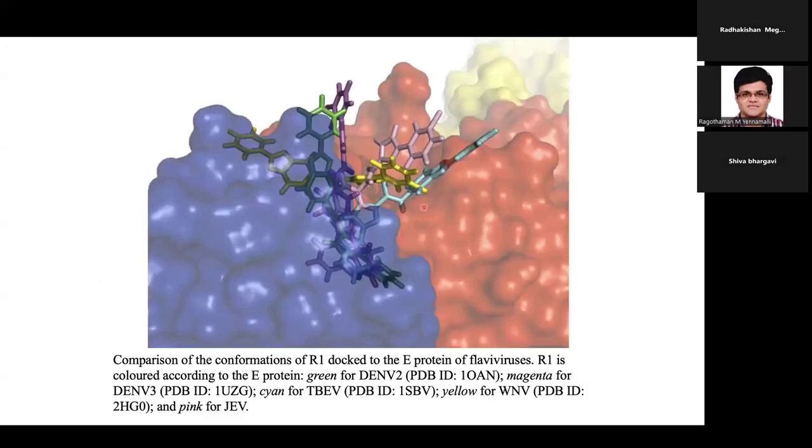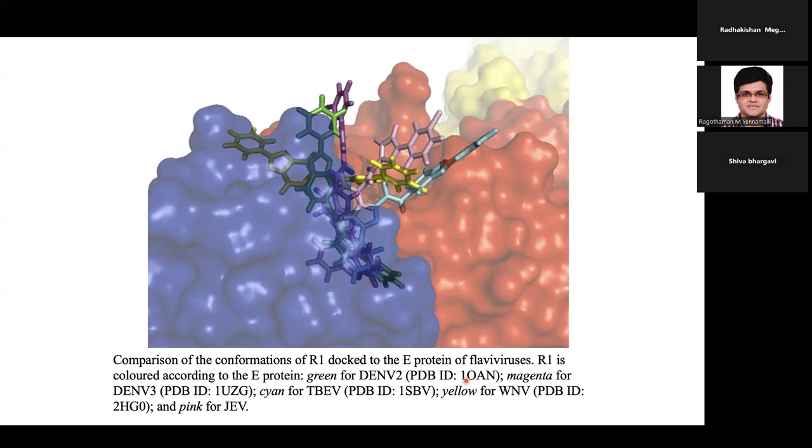What you see here is the final image of the dengue viral envelope protein. Can someone tell me what representation this blue, red, and yellow of the protein is? Domain 1, 2, 3 regions, sir. No, representation. We have different representations.